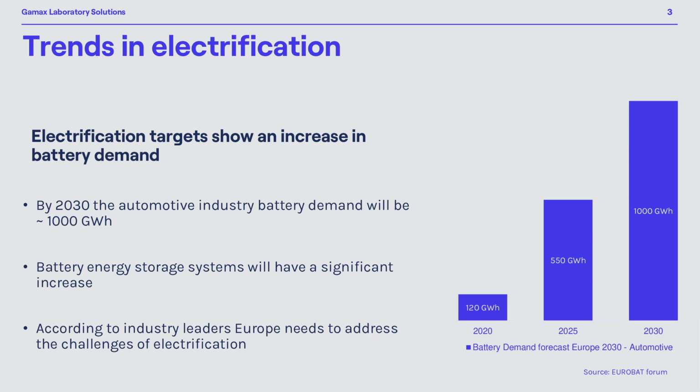We need to maximize the capacity of our batteries, and we have to make sure that the energy density of our battery systems is increasing over time. And we don't only need to have big battery capacities, but we need to ensure the safety goals of the new technologies. So implementing a reliable and safe battery management system is key to success.